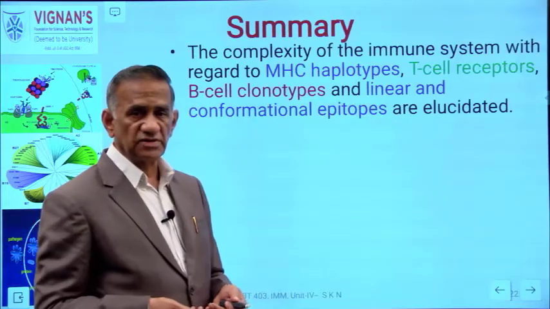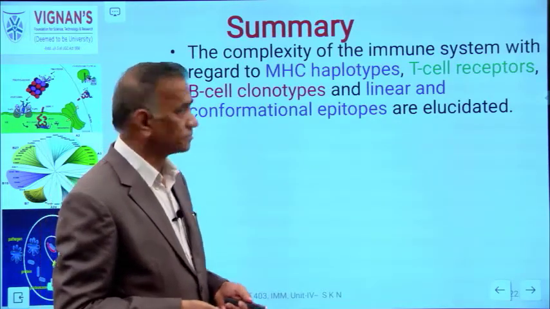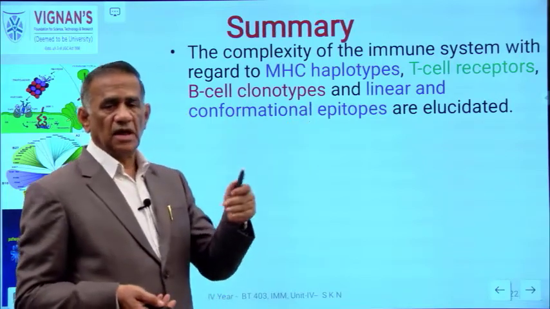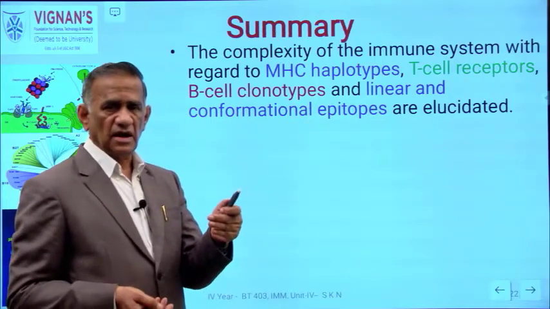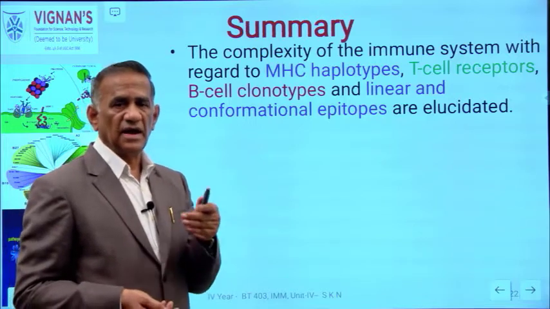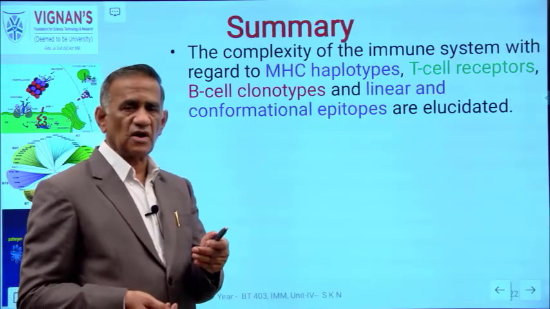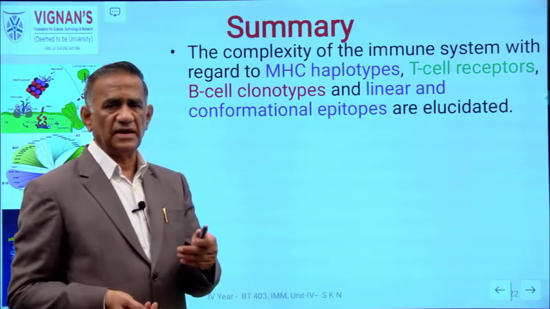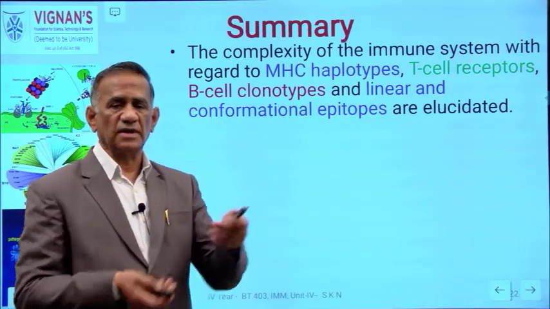Let us see the summary of this topic on immunoinformatics. Okay, so the complexity of the immune system, that is how many MSC class 1, how many B cell clonotypes, how many T cell receptors, how many sequential epitopes are possible, and how many conformational epitopes. We have given the list.